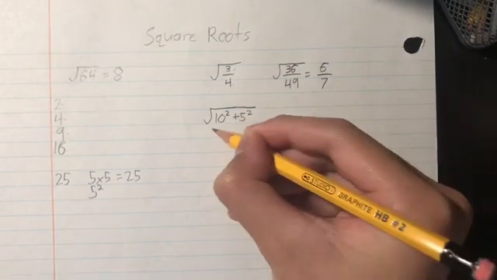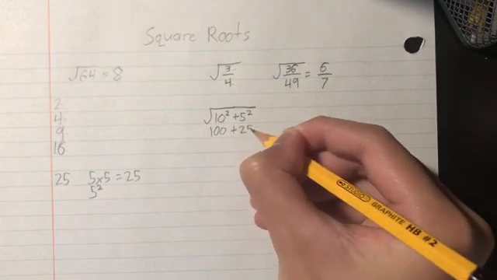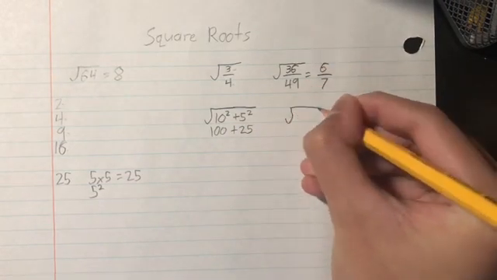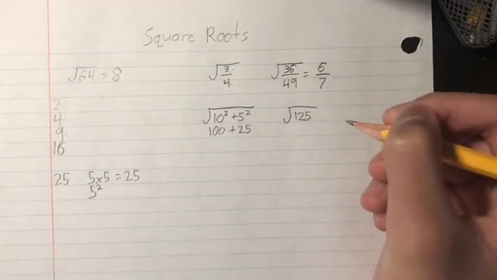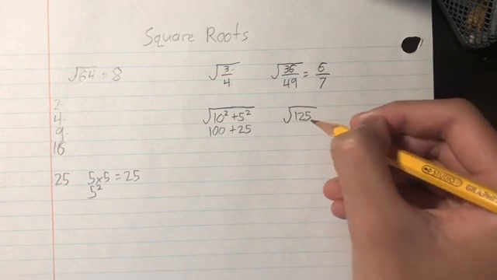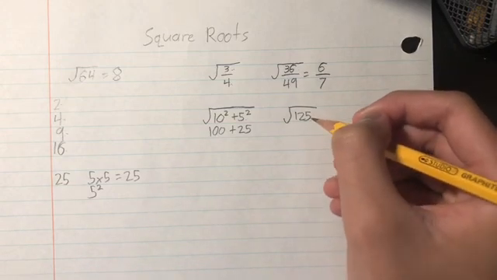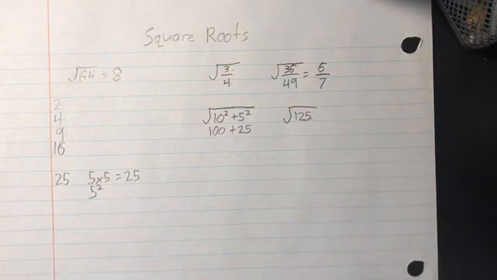So 10 times 10 is 100 plus 25. So therefore, the square root would be 125. But I don't know if this is a magic number, so maybe it's possible you could find a whole number that would square root to the number, if you know.